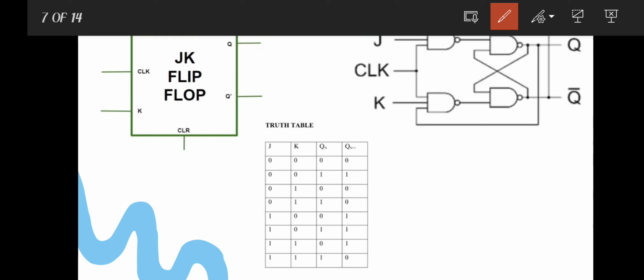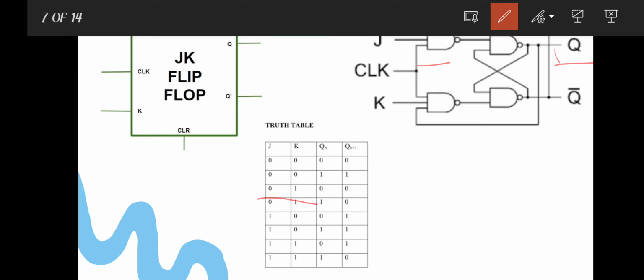Likewise, when J is equal to 0 and K is equal to 1, then at the clock transition the output of the lower AND gate will be 0, but the output of the upper AND gate will depend on the value of Q. If Q is 1, then the output of the AND gate will also be 1. For both possibilities of Q, the output will remain 0, or in other words the flip-flop will get reset to 0.